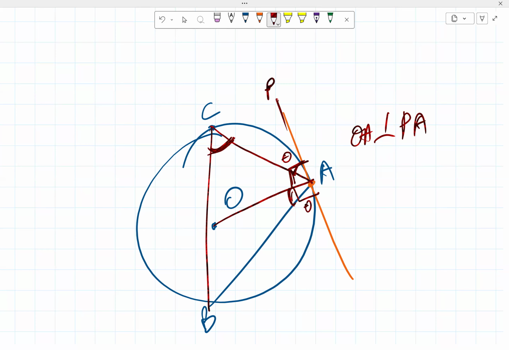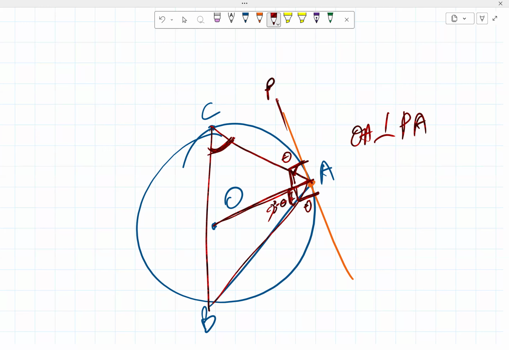That's the angle between OA and chord AB, because this is also a right angle. So it's the same angle we also have here. So this angle is 90 degrees minus theta, like that.